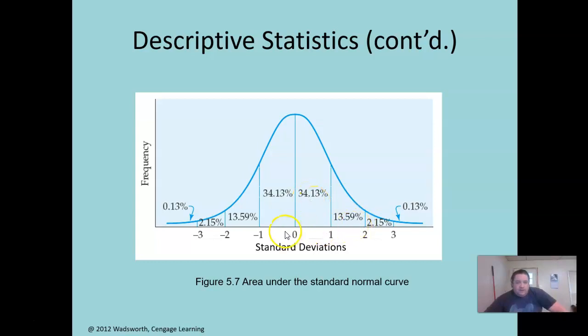Within two standard deviations, we're going to add on to the 64.26, 13.59, doubled again, so another 27.18, plus 64.26.